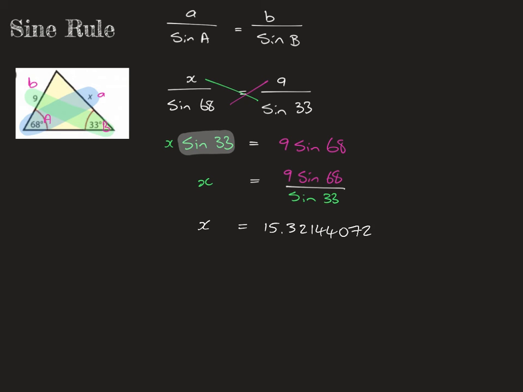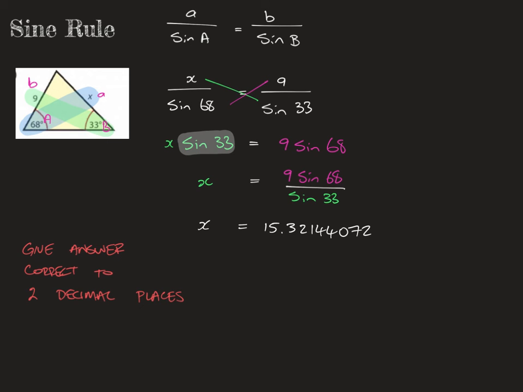Okay. And in this question, I'm going to give my answer to 2 decimal places. There are typically instructions in the question. So give answer correct to 2 decimal places.